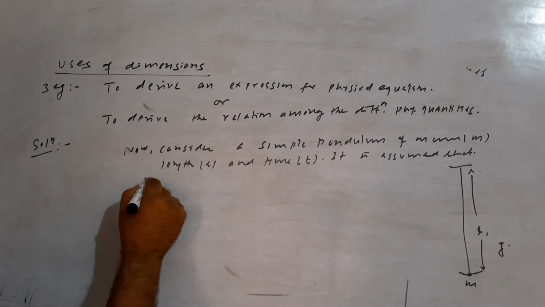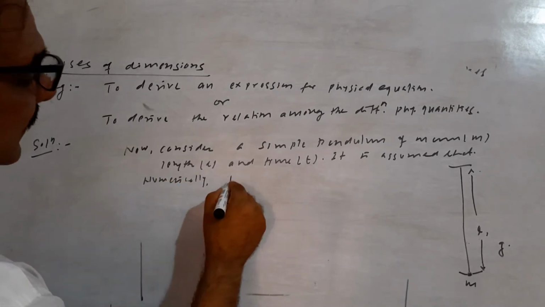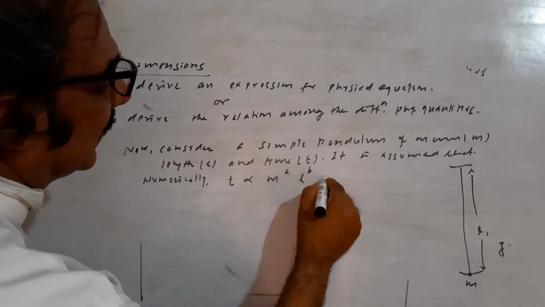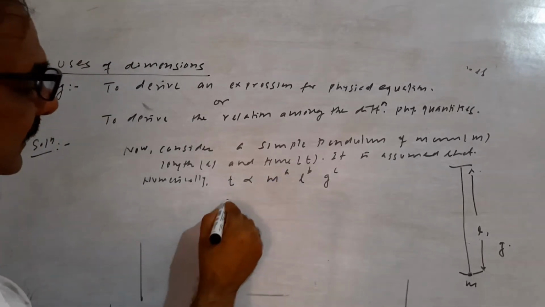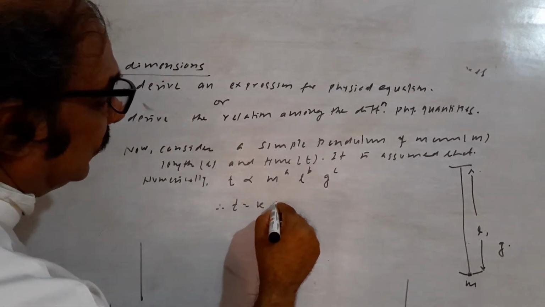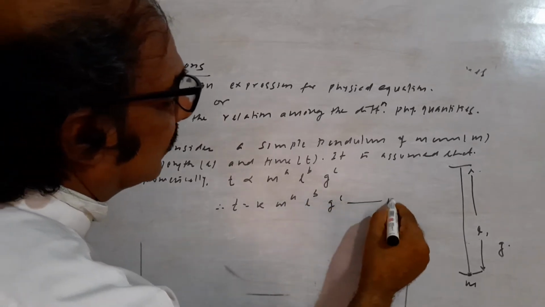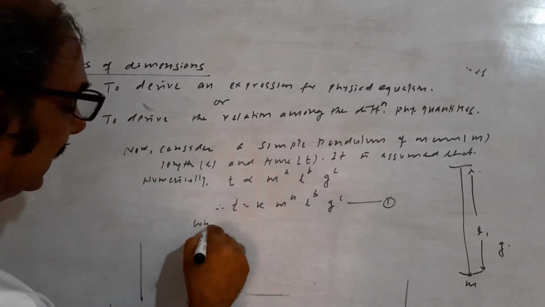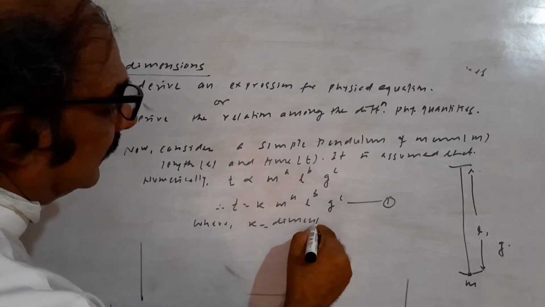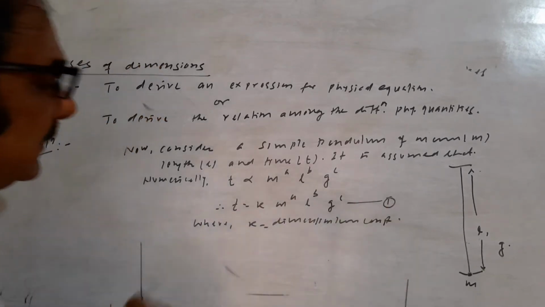So mathematically it is represented as t proportional to m to the power a, l to the power b, g to the power c, and therefore t equal to k, m to the power a, l to the power b, g to the power c, equation number 1, where k is a dimensionless constant.